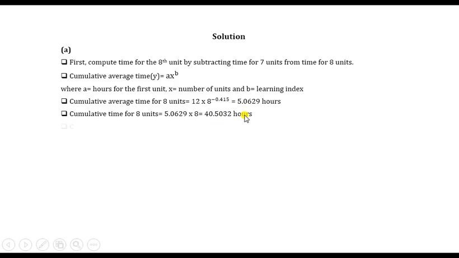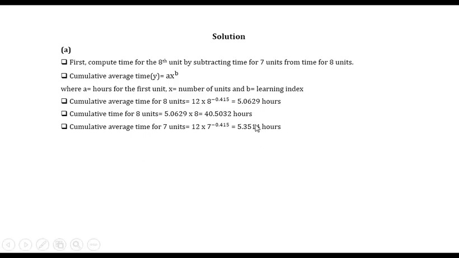Then we go to 7 units. Cumulative average time for 7 units: hours for the first unit, 12 as usual, multiplied by X power B, where X now equals 7 because we are looking for the average time for 7 units, and B is the learning index, negative 0.415 as usual. Computing, we obtain 5.3514.